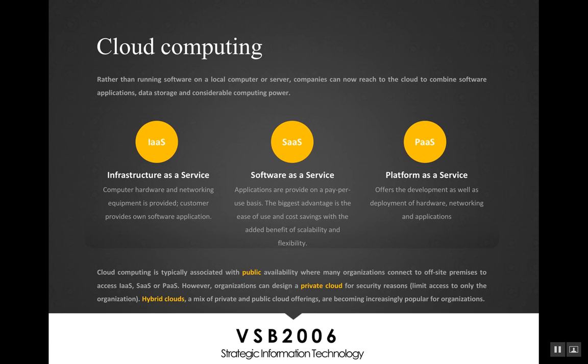The first one is what we call infrastructure as a service, or IaaS. That is hardware and networking. You're buying access to a virtual machine of different sizes with different networking capability, and on that, the company will install whatever application software is desired.